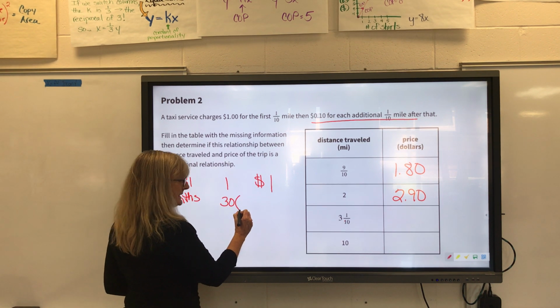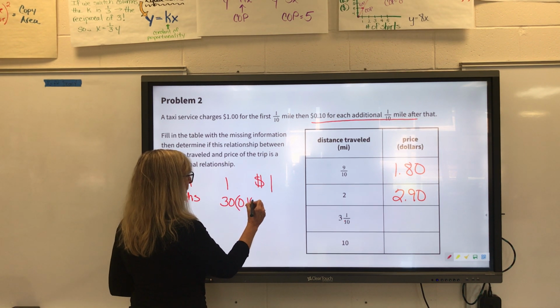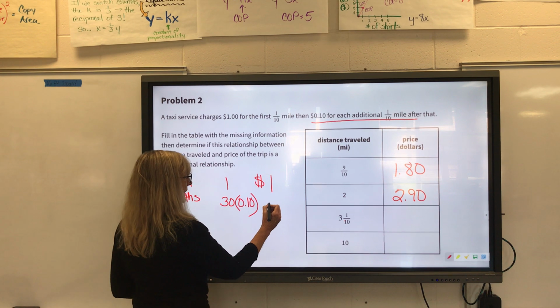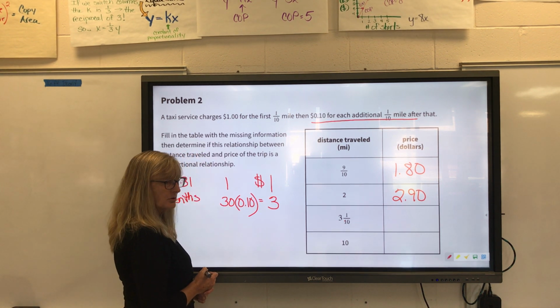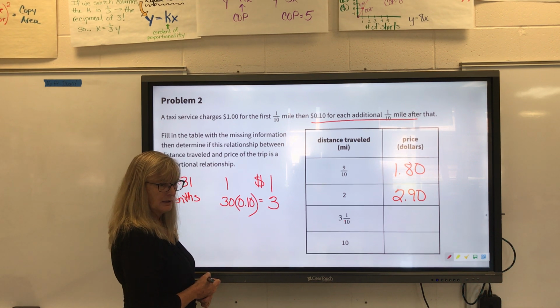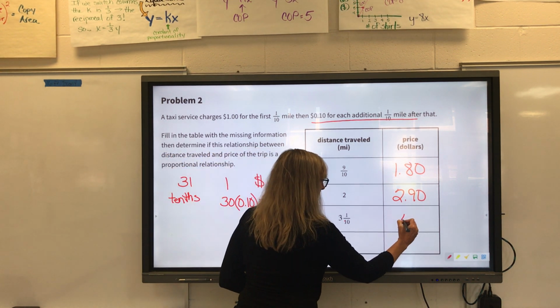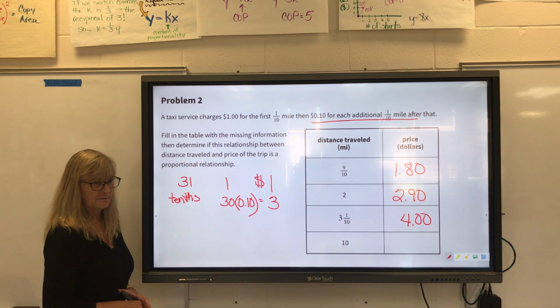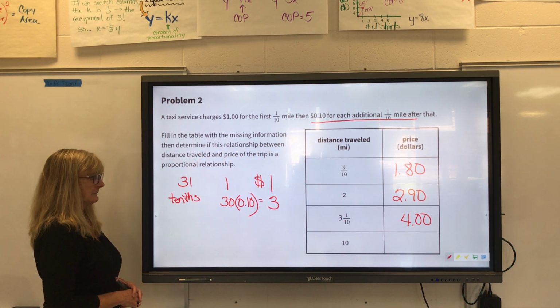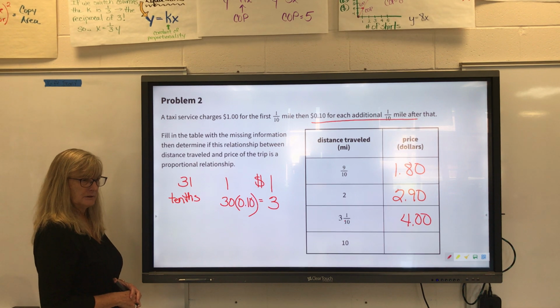It costs me 10 cents per tenth. So I'm going to multiply that. So that's going to be $3. So what is my total cost to go 3 1/10 miles? $4. Okay. Who needs more time?